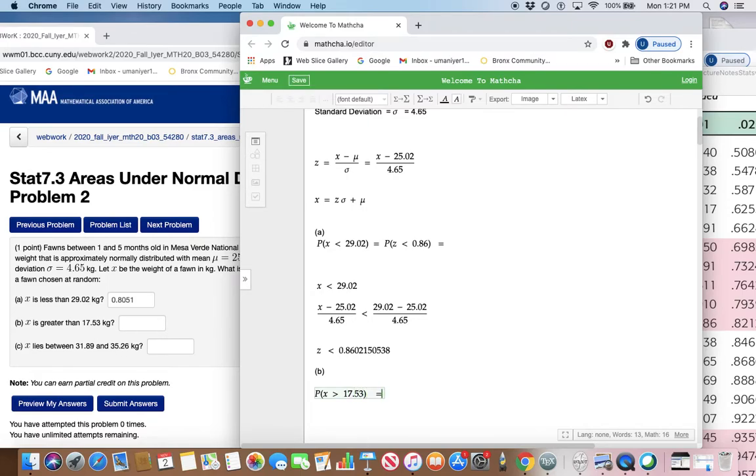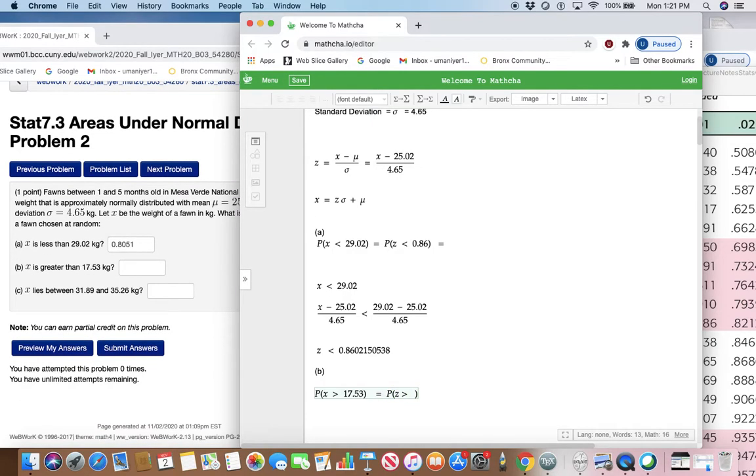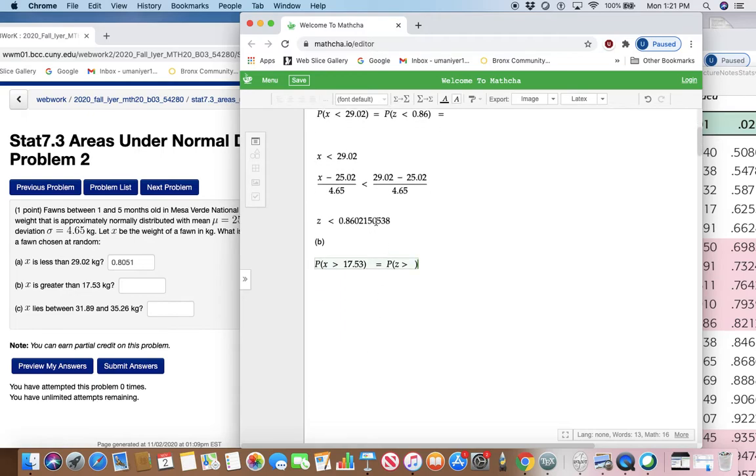Again, you need a Z score greater than something, the same situation we are in. I have x greater than 17.53, so I will use this expression and apply it for x, and now greater than, apply it for 17.53.